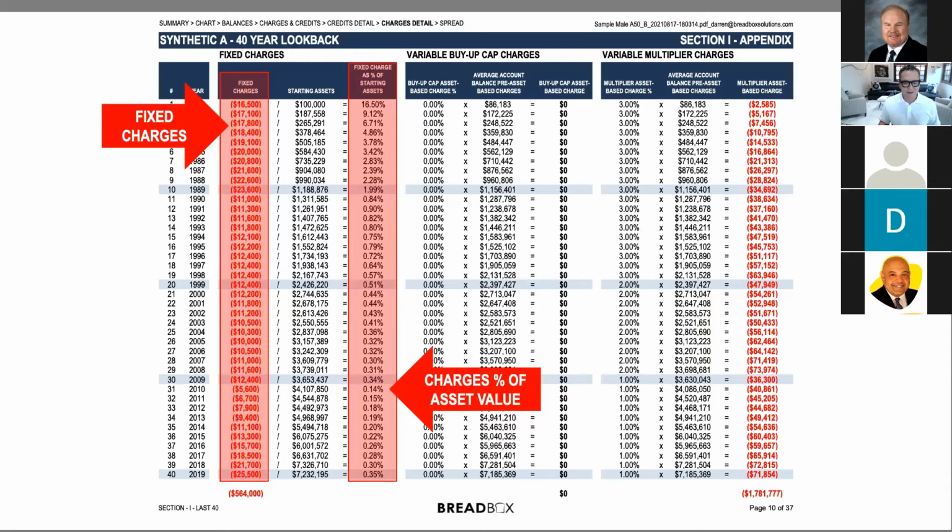You're talking about such a low overall cost as a percentage of the asset. For all these folks out there, the Suze Ormans and Dave Ramseys of the world, that say permanent life insurance, the cost of insurance is too high, it drags down the return. Really? We're talking 14 bips by the time you get to year 31 in this example.